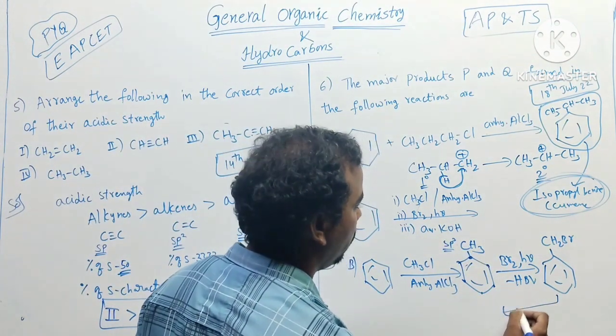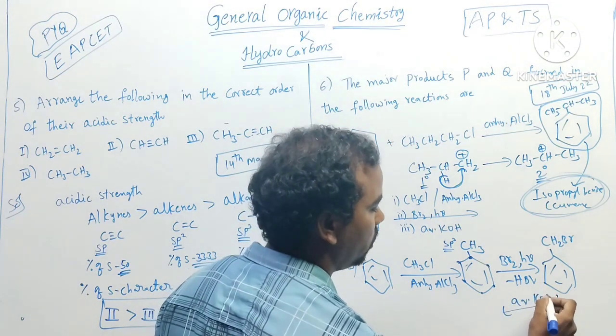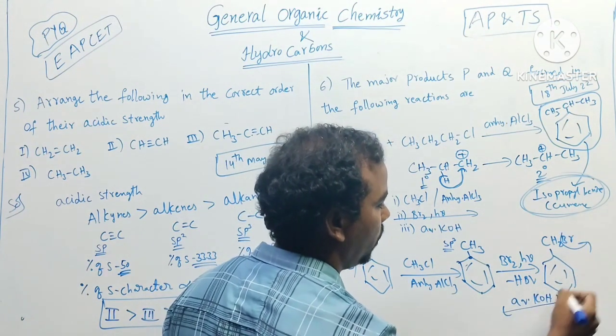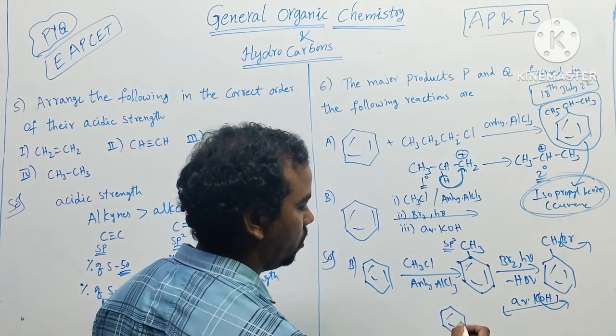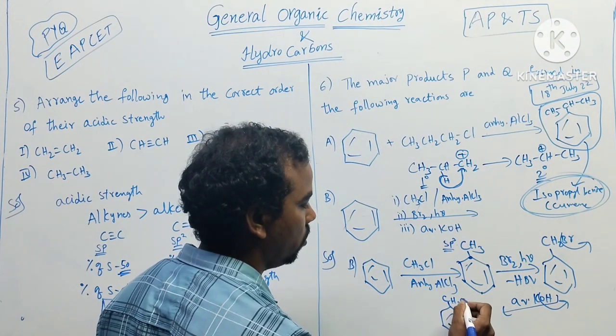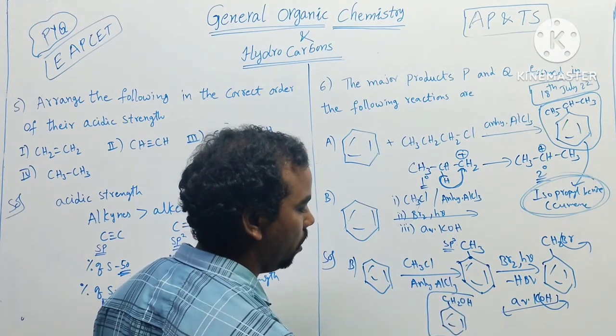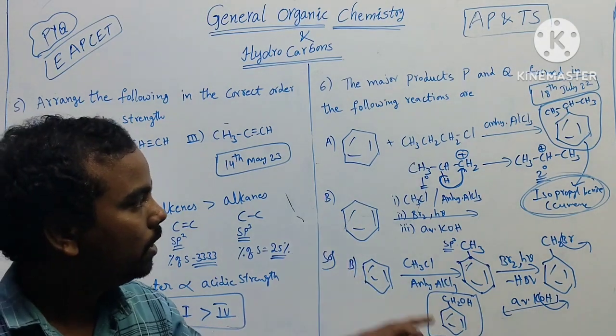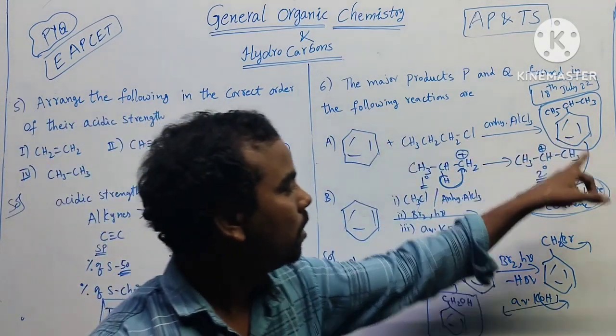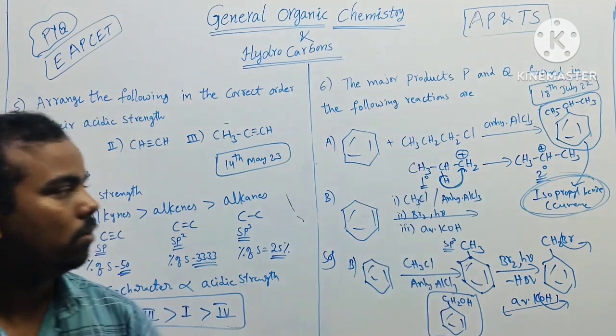If you add aqueous KOH, Br minus is replaced by OH minus. So then it forms CH2OH, so benzyl alcohol is formed. So the final product B is benzyl alcohol, A is isopropyl benzene, cumene. Okay.